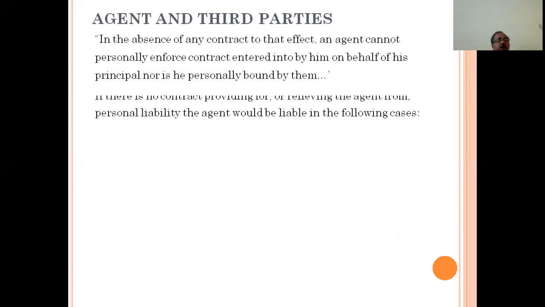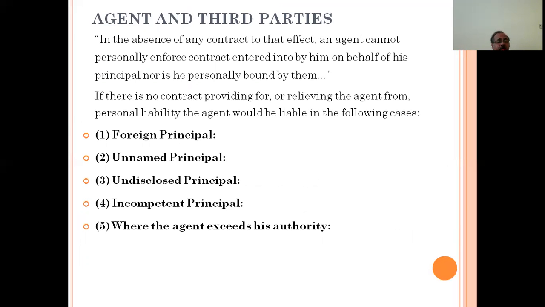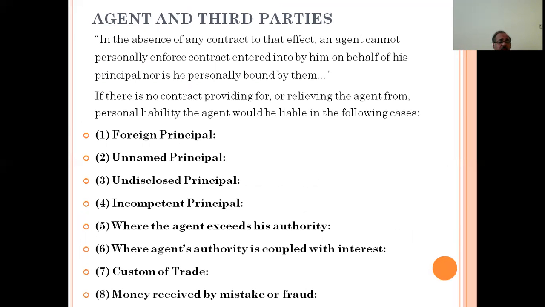Then we will discuss the instances where the agent is responsible to the third parties. In the absence of any contract to that effect, an agent cannot personally enforce contracts entered into by him on behalf of his principal, nor is he personally bound by them.